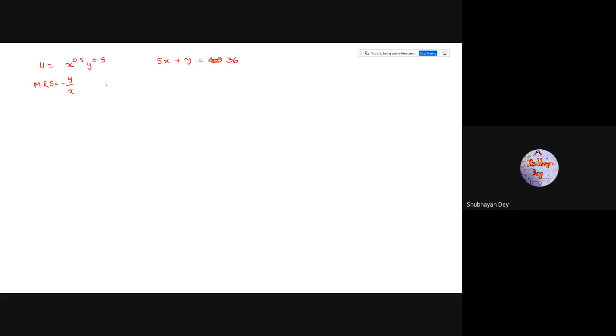Price ratio হয়ে যাবে -1/5. So if we equate them, we get 5y equals to x. তাহলে 5 into 5y, 25y plus y, 26y equals to 36. y equal to 18 হয়ে গেল, তাই তো?